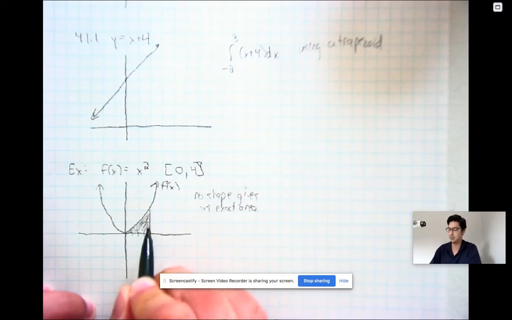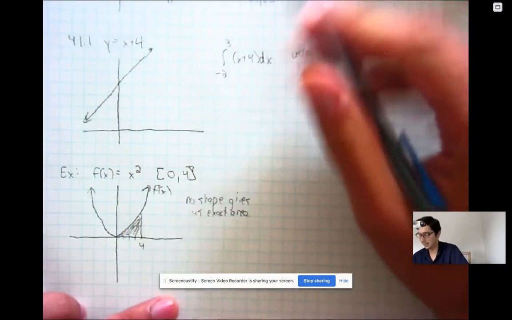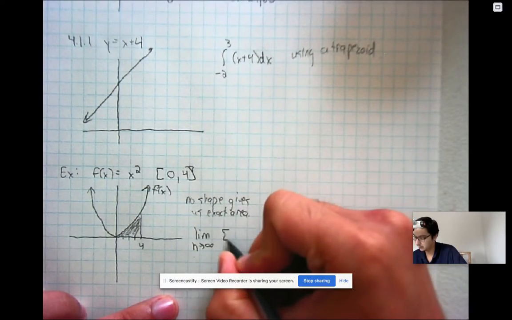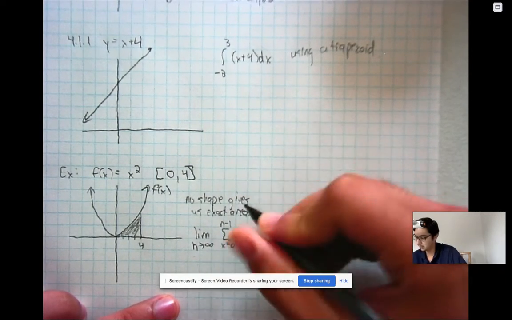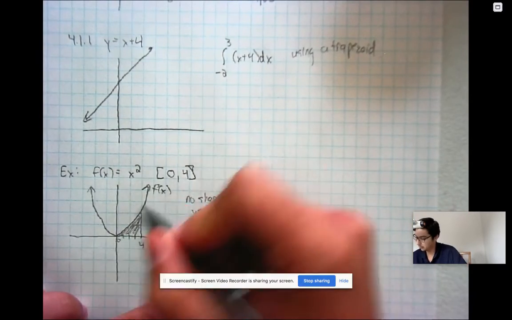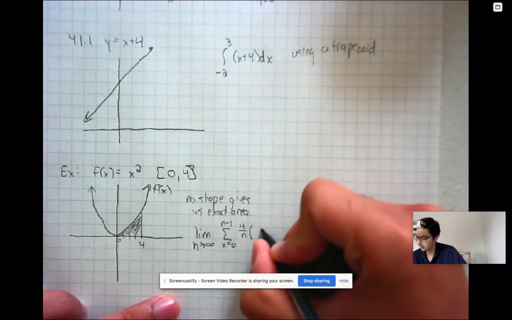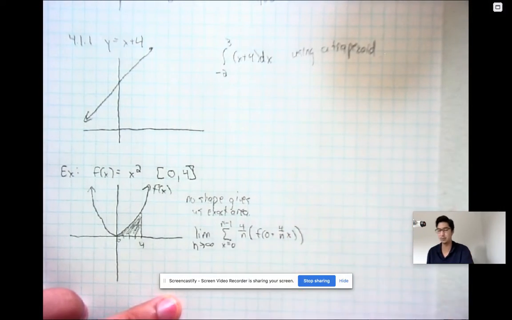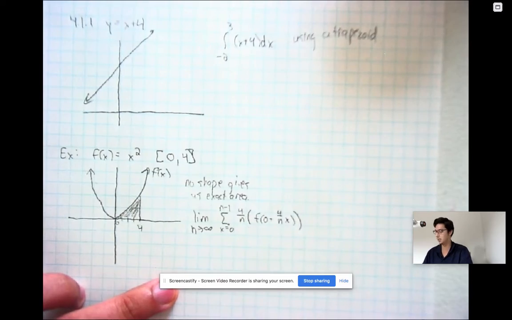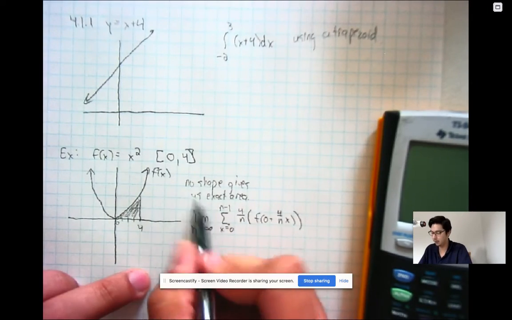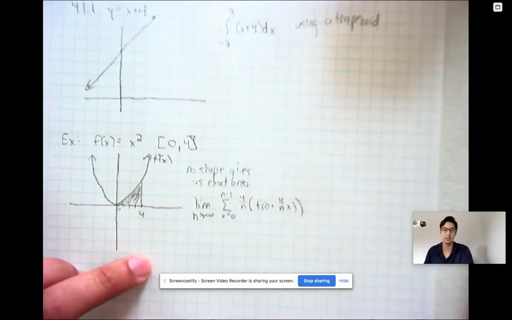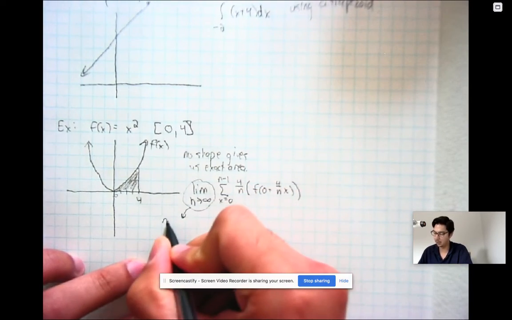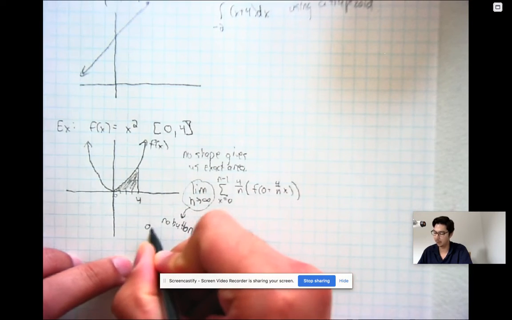You could try to use the idea of the Riemann sum, the limit as n approaches infinity of the sum from 0 to n minus 1 of 4 over n times f of 0 plus 4 over n x. But the problem is that there's no such thing as a limit on a graphing calculator. There's no button for a limit.